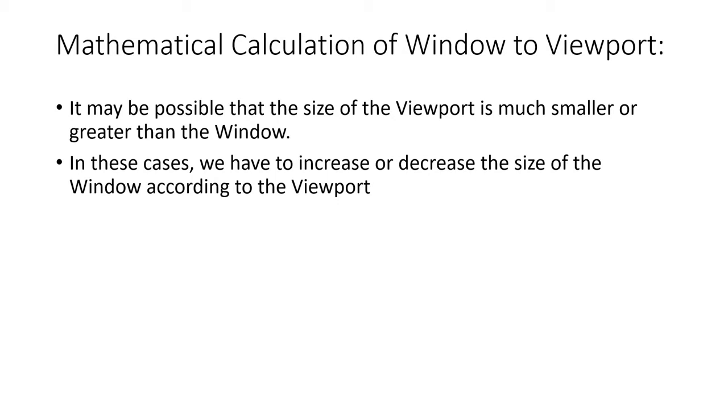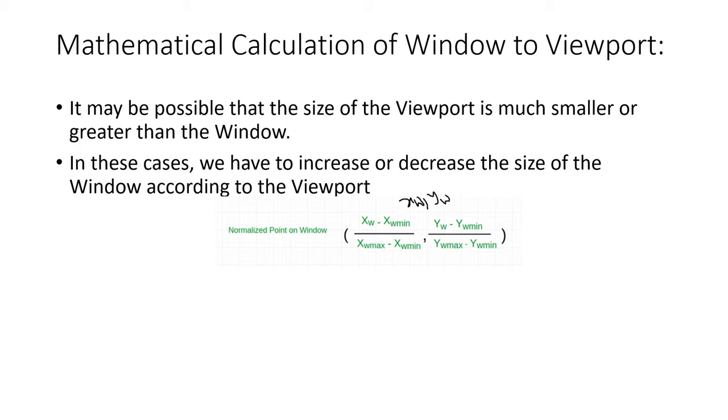So the normalized point on the window can be obtained using this particular equation. Let's assume that an object is placed at the xw comma yw position in the actual real world. Let me just write it over here: xw and yw is the actual coordinate of that particular point.